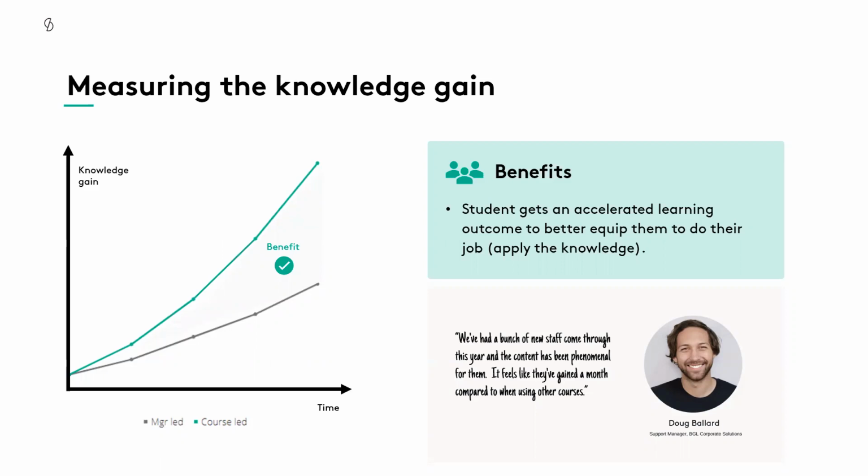As I said, Doug here has said, and this is a common occurrence within the BGL team, that they previously had the manager go through and do the specific training from within the BGL teams that had SMSF knowledge. But for them, it feels like they've gained a month compared to what they were previously doing to onboard, in particular, their support team members to be able to support people like you that are BGL's clients.